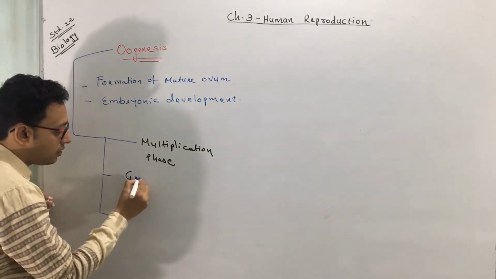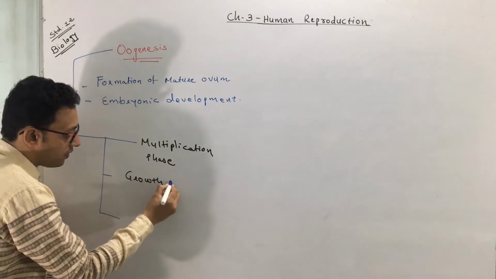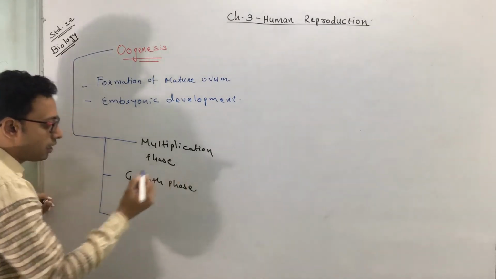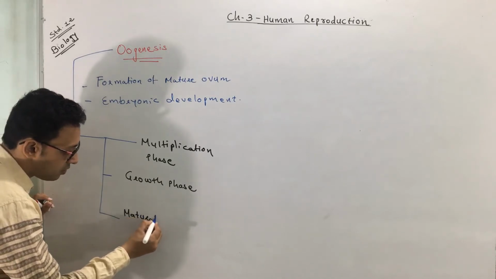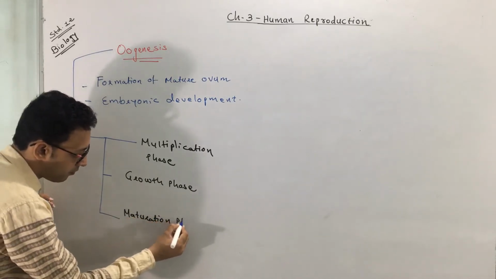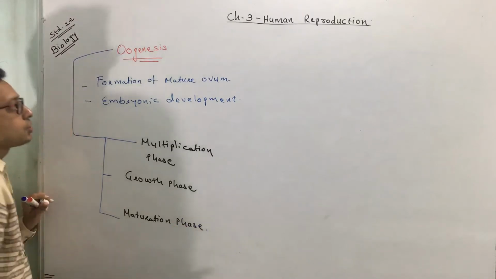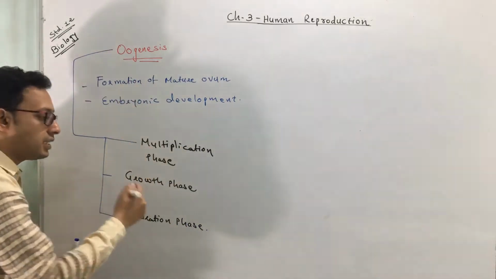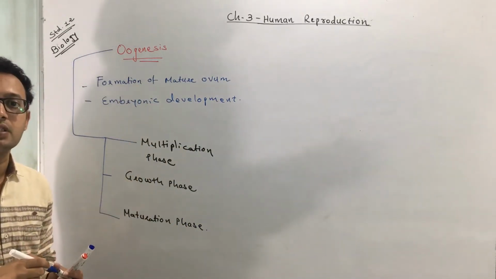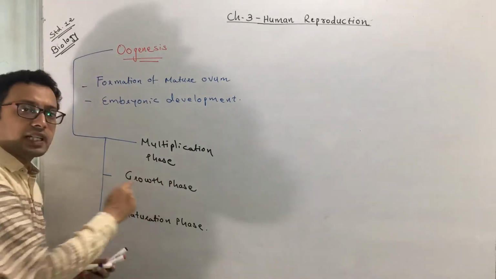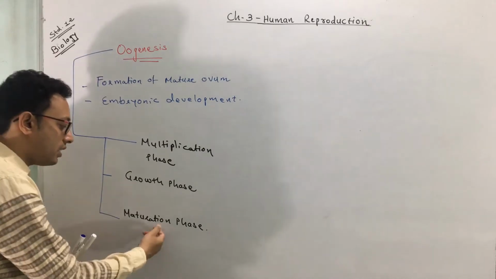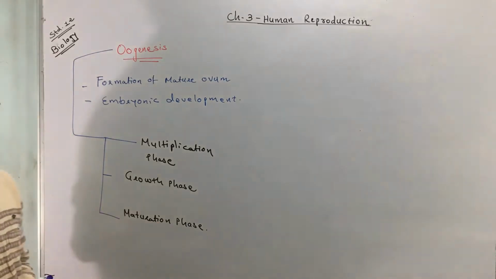The second one is called the growth phase. And the last one is called the maturation phase. So oogenesis occurs in 3 phases: first the multiplication phase, second the growth phase, and the third the maturation phase.